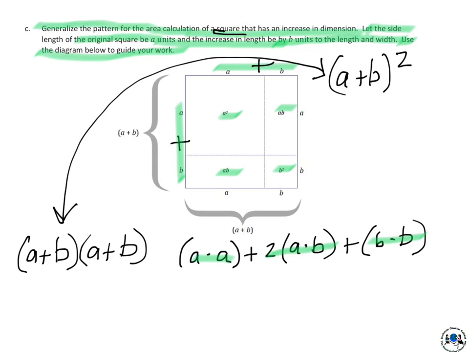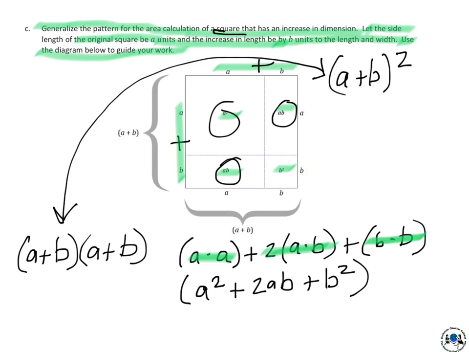That is actually the same as this: a squared, then instead of 2 times a times b we've just made it 2ab, and then plus b squared. Okay, and these are all, of course, units squared. Whatever answer comes out of that, it'll be expressed as units squared.